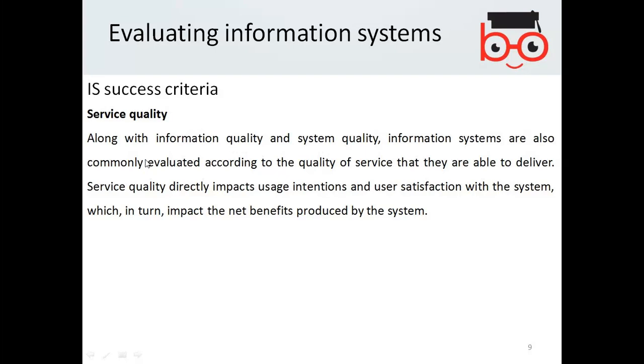So whatever service quality you are getting from the information system as a user comes through the information quality provided to the system, and the systems were developed, and obviously the system should have been developed according to a certain quality, and the quality systems delivered to the users are further evaluated as service quality, and the overall net benefits produced by the system.